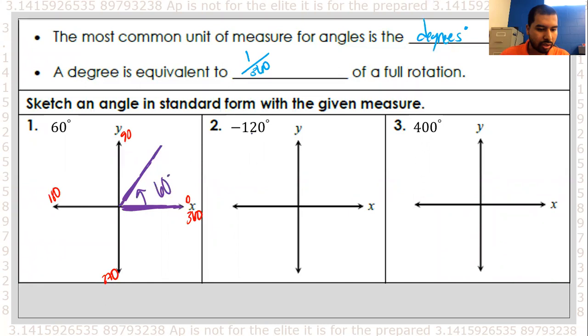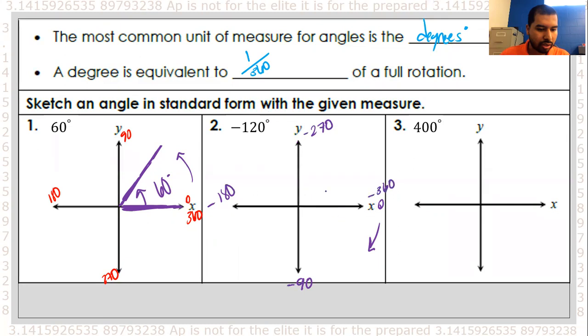Okay. Negative 120, don't be scared by that. We just know that now instead of it going like it normally did, in this direction, it's going to go backwards. It's going to go this direction. So what I like to do is label this with 0. Now this is negative 90, negative 180, negative 270, because we're going the other direction, and then negative 360.